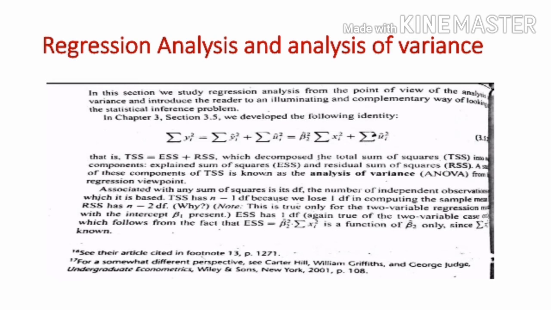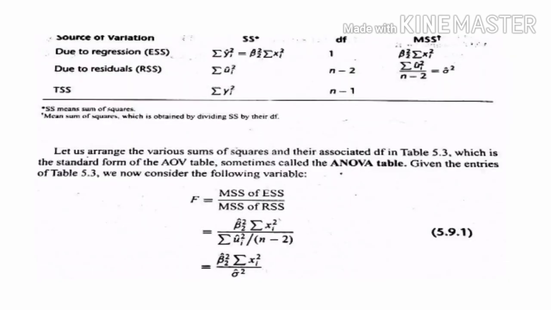And the degrees of freedom is n minus 2. Sources of variation, SS, degrees of freedom, and MSS (sum of squares and mean sum of squares): due to regression, ESS, and due to residual, RSS. You see this flow chart. F equals MSS of ESS divided by MSS of RSS.